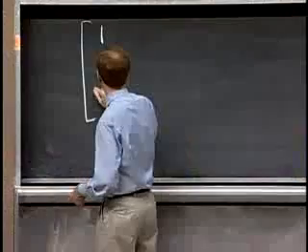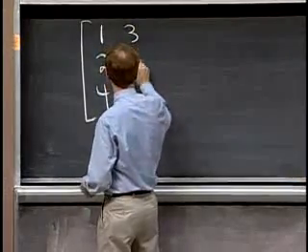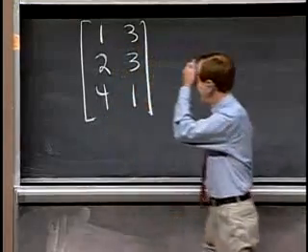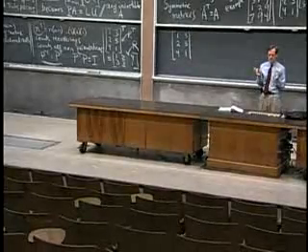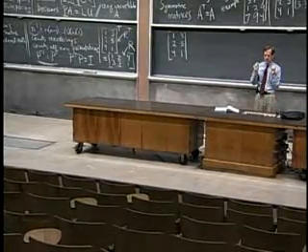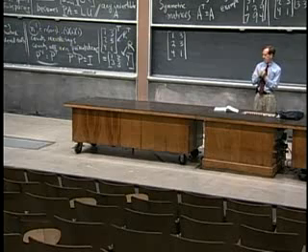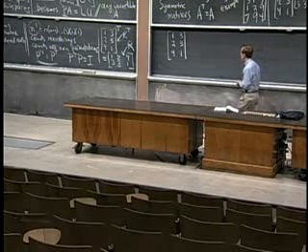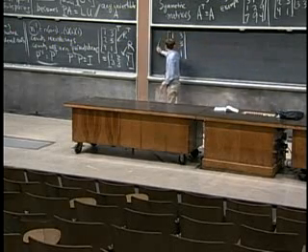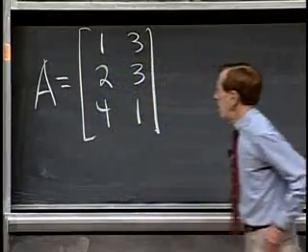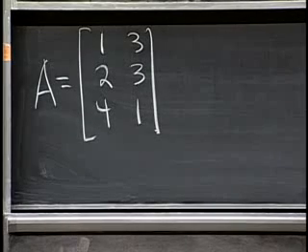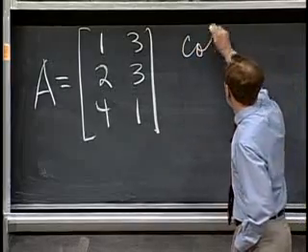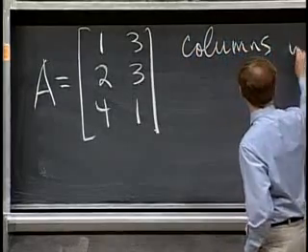Well, one subspace is from the columns. This is the important subspace, the first important subspace that comes from that matrix. Let me call it A again. Okay, I'm looking at the columns of A. Those are vectors in R3. So the columns are in R3.